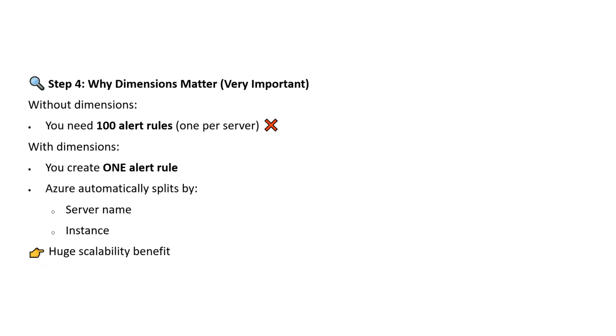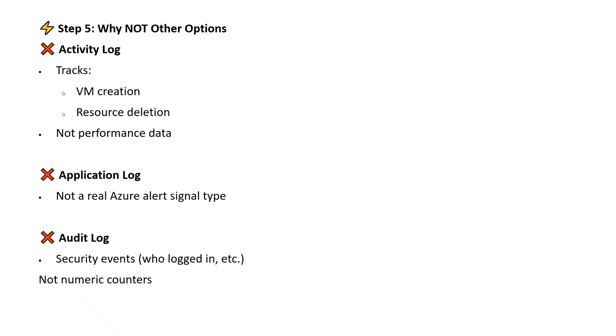All right. So why does dimension matter? We discussed dimension earlier. Without dimension, you need 100 alert rules, one per server. With dimension, you can create one alert rule. Azure automatically splits by server name or instance name. So you have a huge scalability benefit.